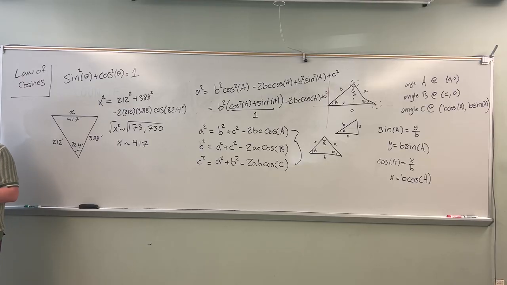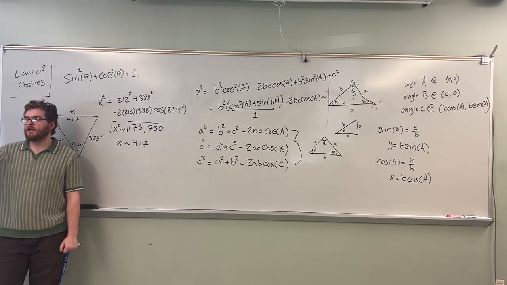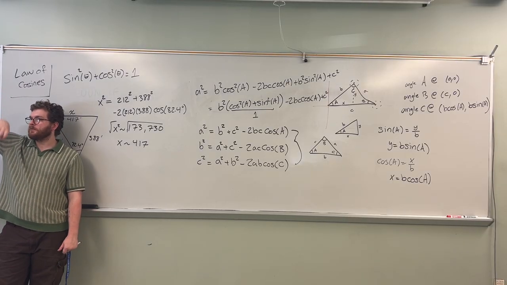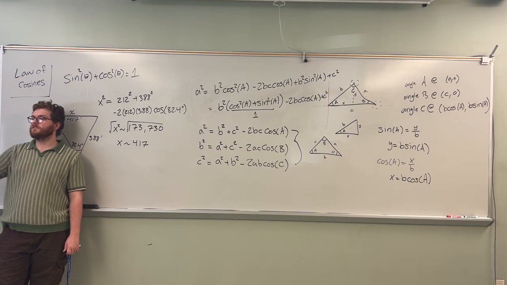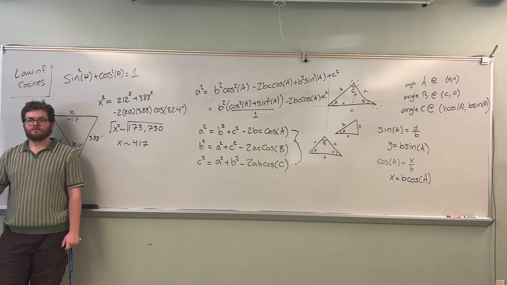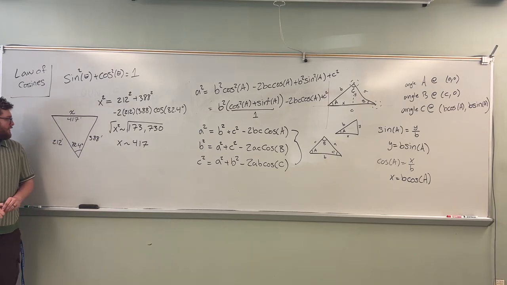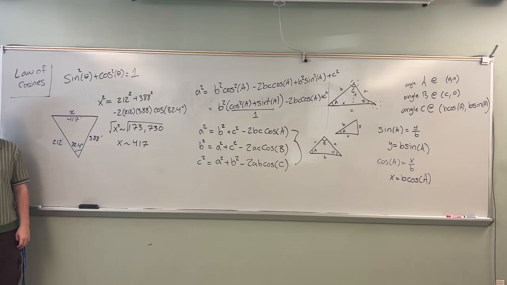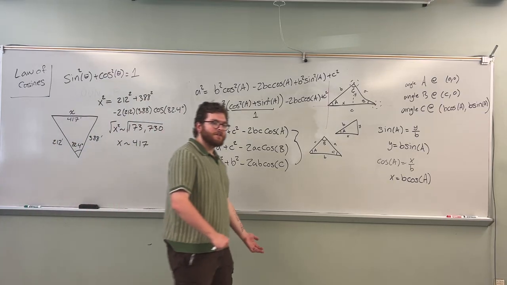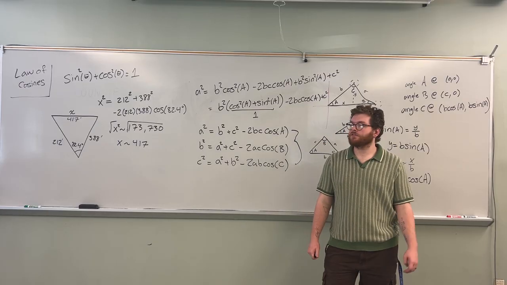For law of sines, my known information has to be an opposite pair of an angle with an opposite side and one other piece of information anywhere else on the triangle. Here my information has to be two sides and the angle in between them. And then I can figure out any other information on this. So it depends on what information I'm given for what formula I'm going to use.